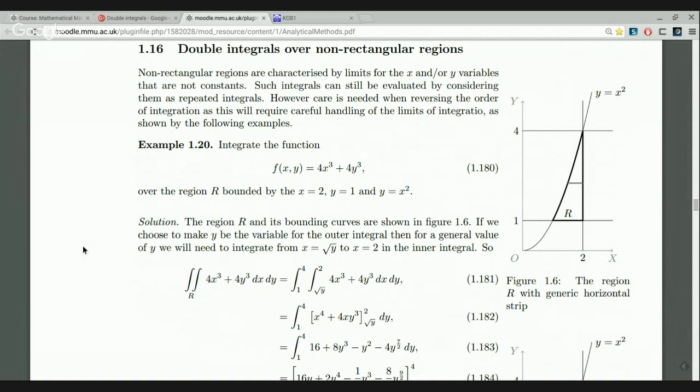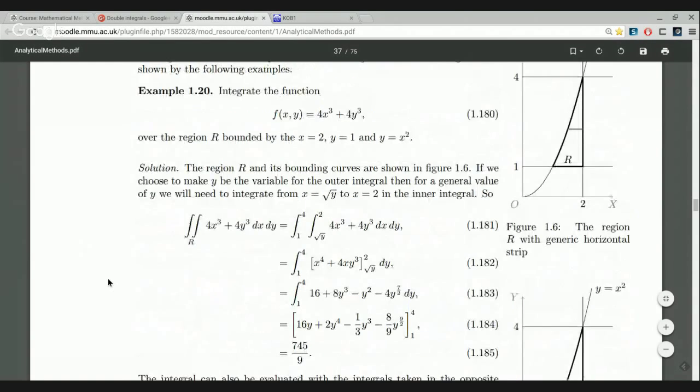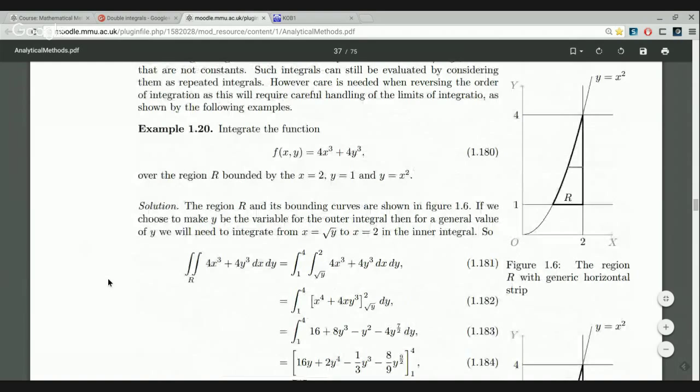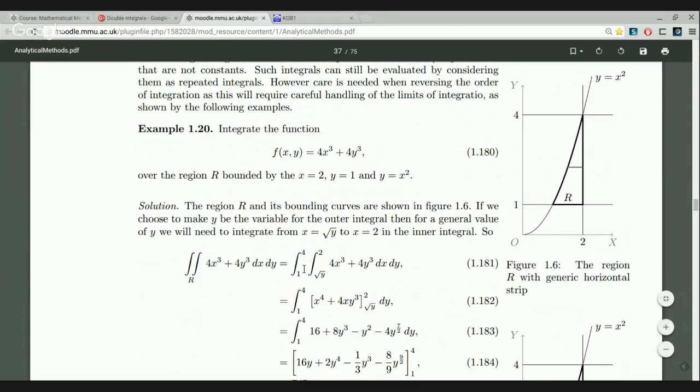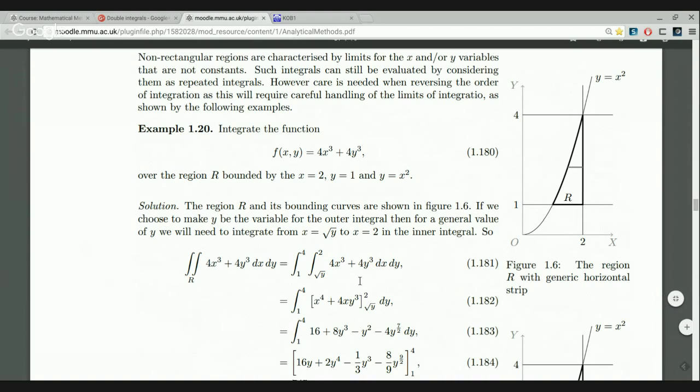So first of all, we have to indicate how we're going to evaluate the double integral over this region. You recognize the fact that this is a non-rectangular region in the form of the integrals written down, because one or more of these limits are non-constant.